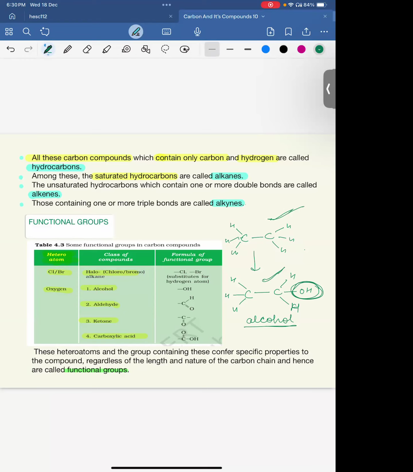I'm giving this ethanoic acid example of how property changes. Ethanoic acid will also have this group.